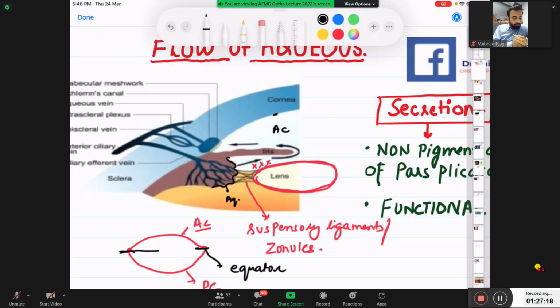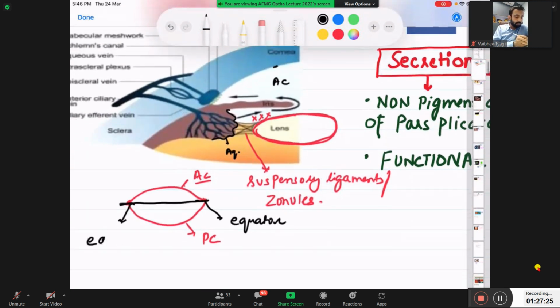The line joining the equator of the lens, this will give you which diameter of the lens? This is called the equatorial diameter. Understood? So the line joining the two equators of the lens gives you the equatorial diameter of the lens, right?